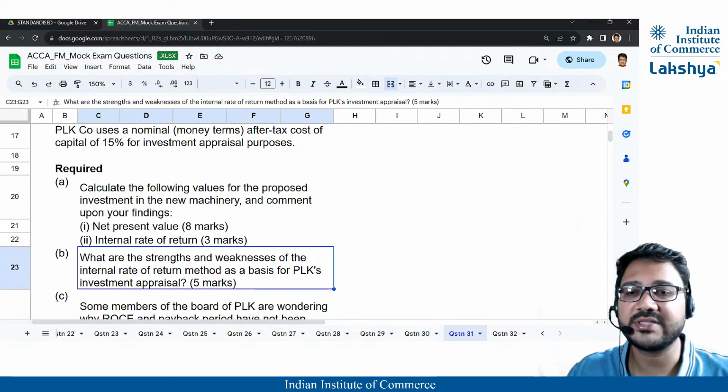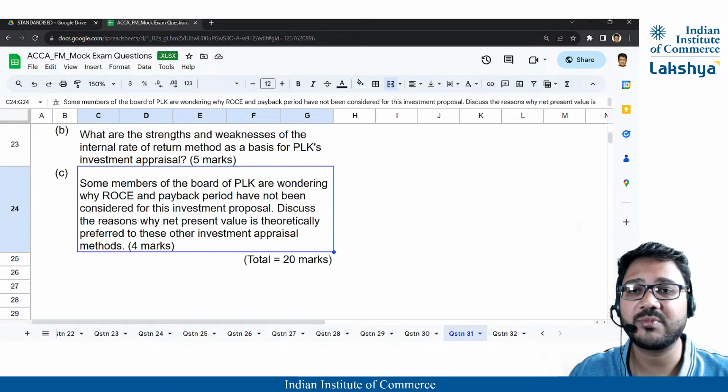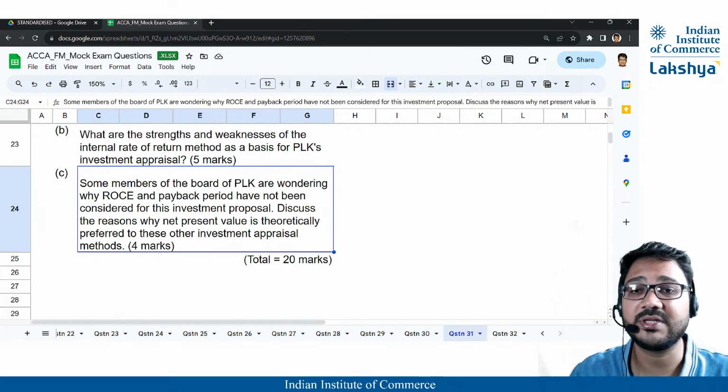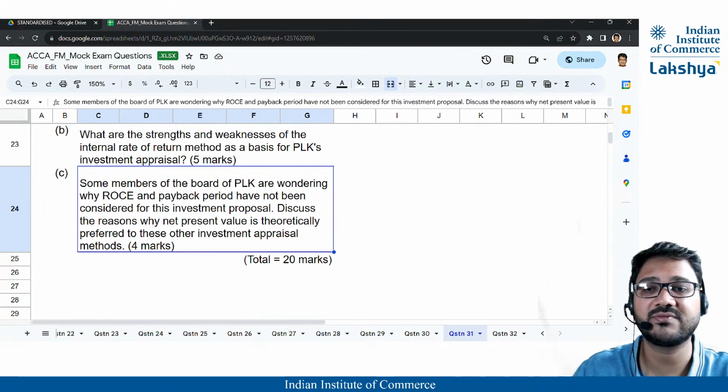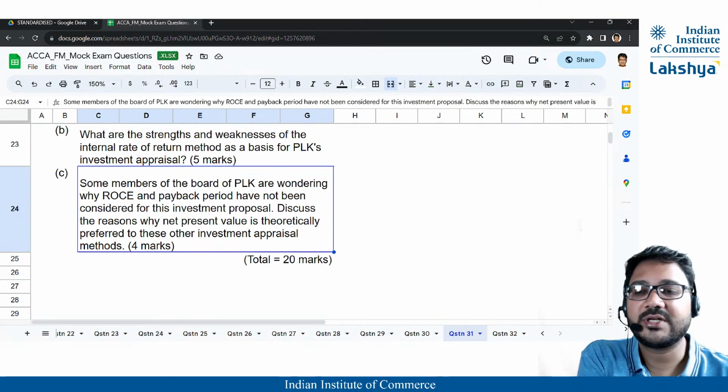What are the strengths and weaknesses of the IRR as a basis for PLK's investment appraisal? And some members of the board of PLK were wondering why ROCE and payback period have not been considered for its investment proposal. Discuss the reasons why NPV is theoretically preferred to these other investment appraisal methods.